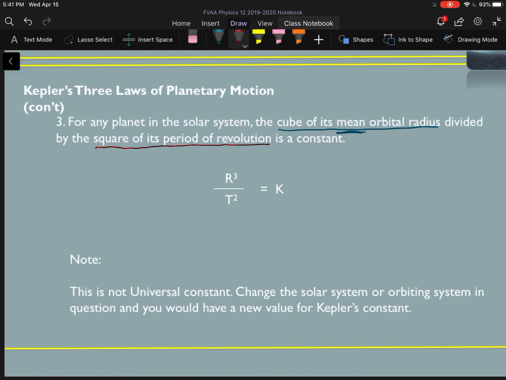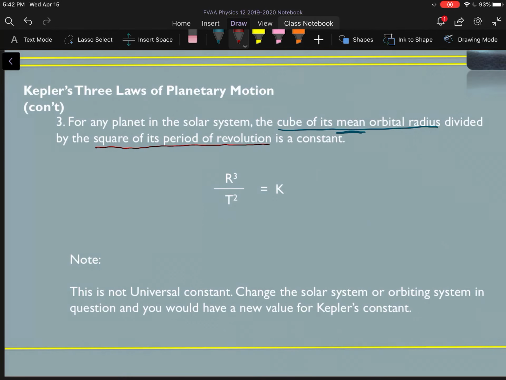Okay? For that planet. And you'll also get a constant that's true for any other planet for that same source of gravity.